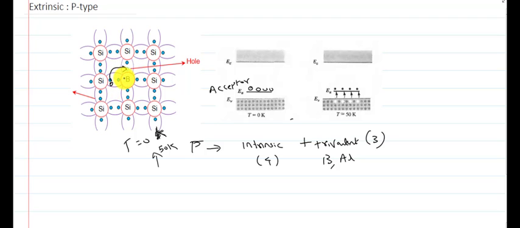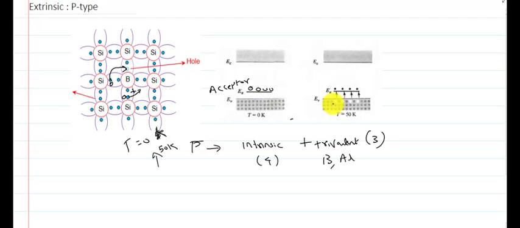So if we keep on increasing the temperature, more holes will be created. Again, if we increase the temperature, this bond will break, and an electron will become free and a hole will be created. This process will continue. If we look at the energy band diagram at T equal to 50 Kelvin, as we raise the temperature, we can see some vacancies are there.